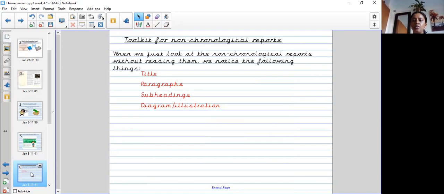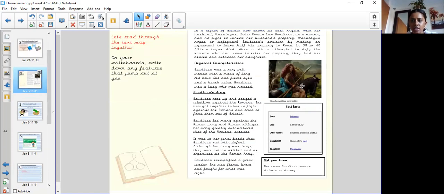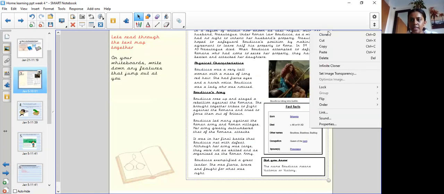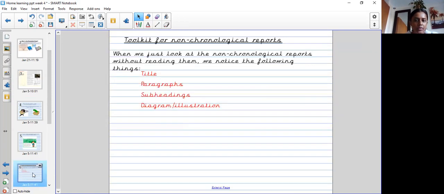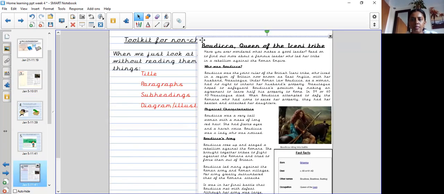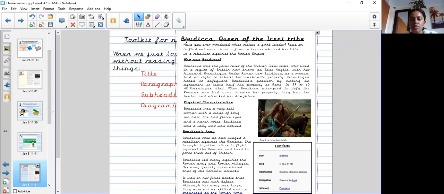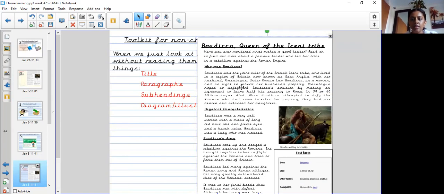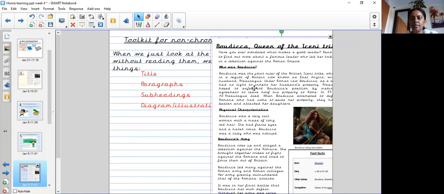When we just look at the non-chronological report without reading it, we notice the following. So I'm going to go over here and I'm actually going to copy this over into here, and maybe make it a bit smaller if I can, or maybe not. So I'm just going to leave it over here.